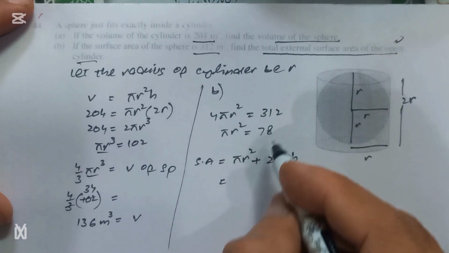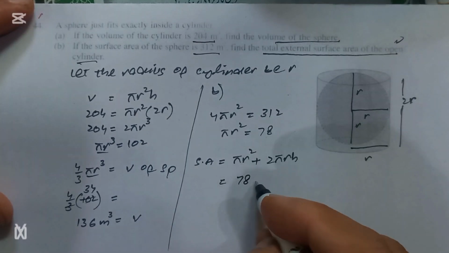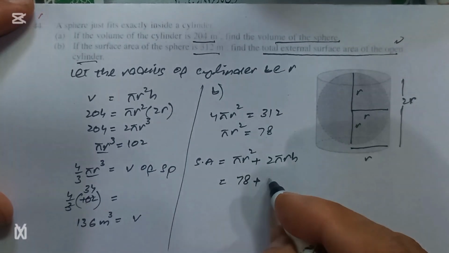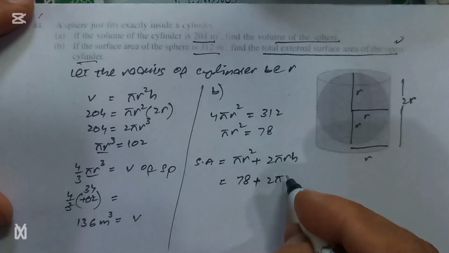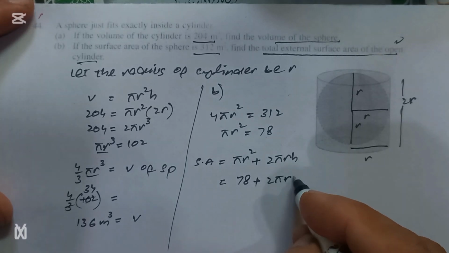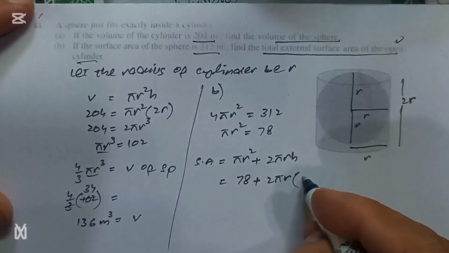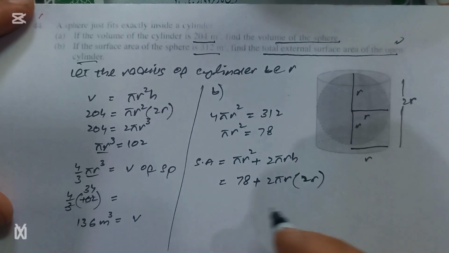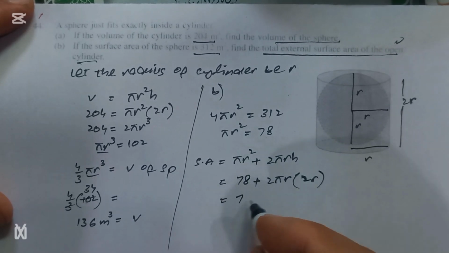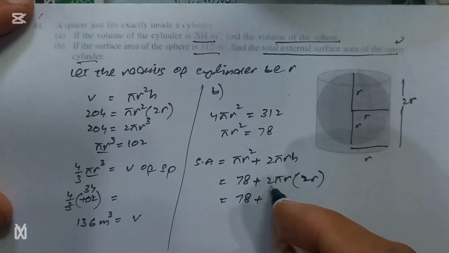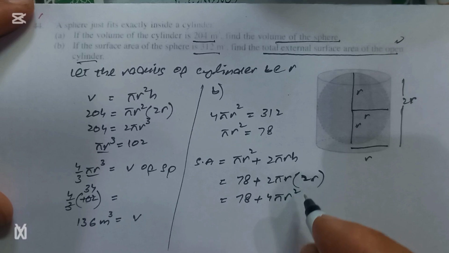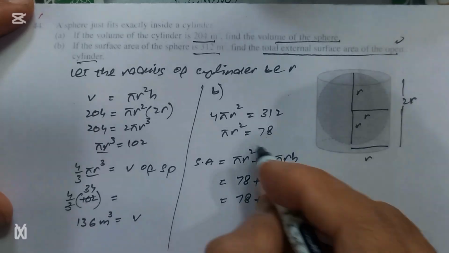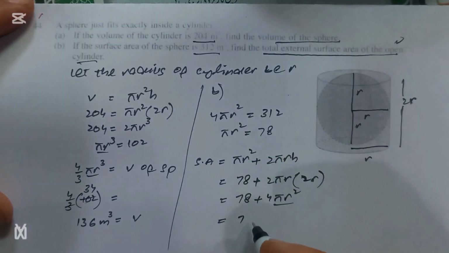Pi r square value will be 78. Okay, this 2 pi r and h of the cylinder is 2r. 78 as it is. This will become 4 pi r square. Put the value of pi r square again, that is 78.